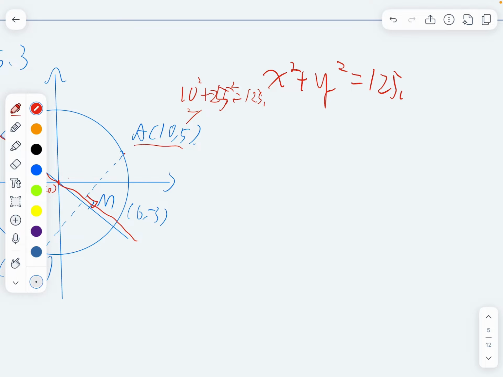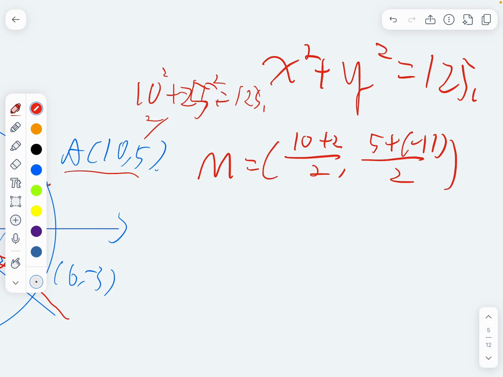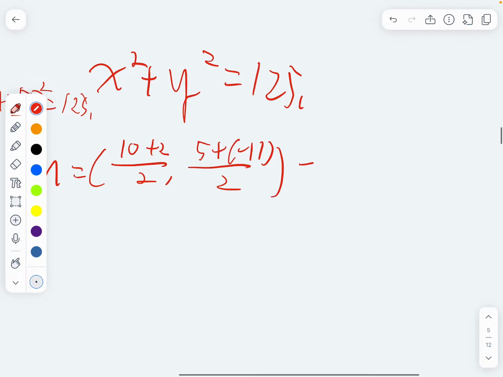Next, we calculate the midpoint M equals 10 plus 2 over 2, and 5 plus -11 over 2, and we get the coordinates of the midpoint M.